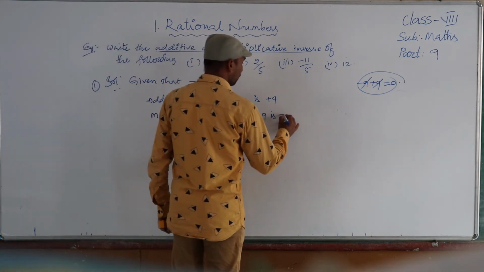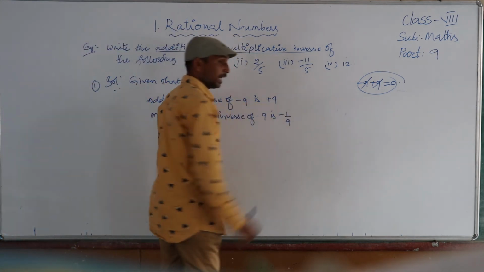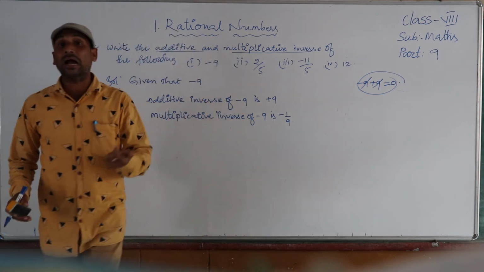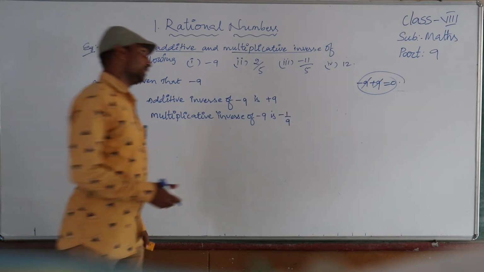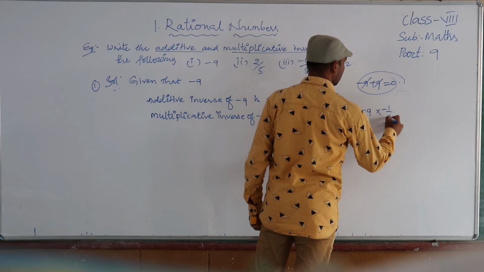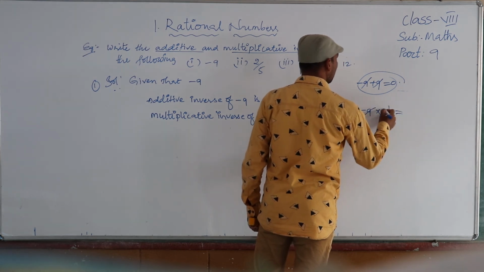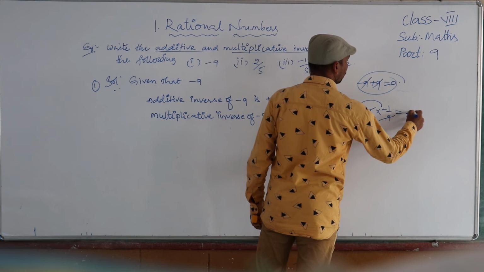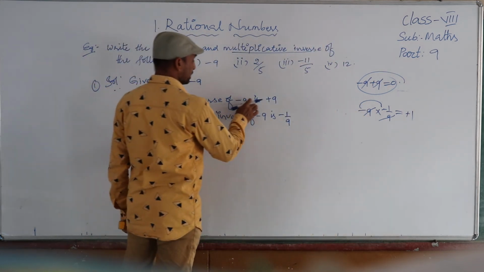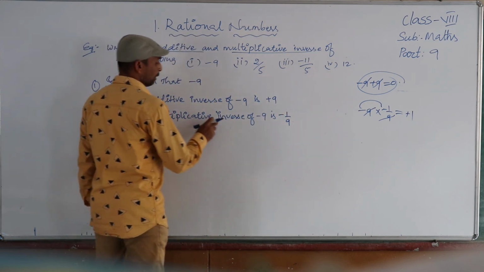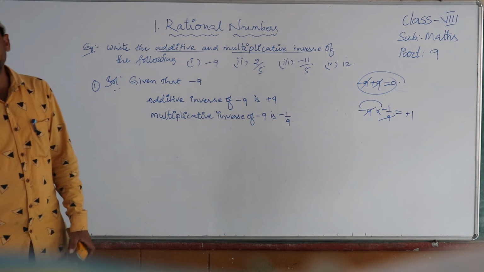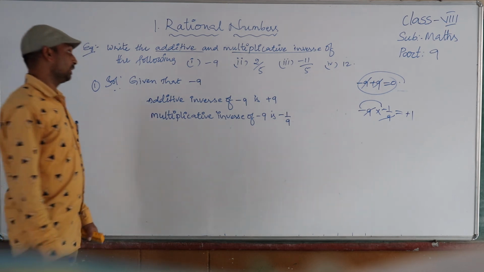If you multiply these two, you have to get multiplicative identity. Minus 9 into minus 1 by 9, 9 cancel, minus into minus plus, 1 into 1, 1. So the additive inverse of minus 9 is plus 9. The multiplicative inverse of minus 9 is minus 1 by 9.